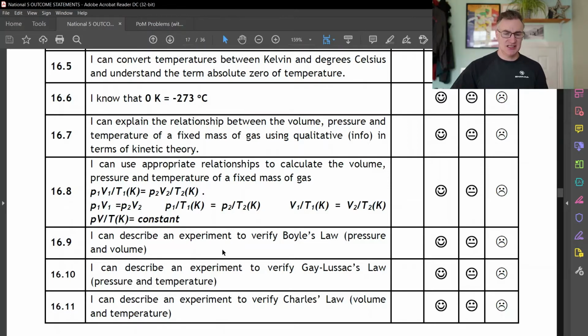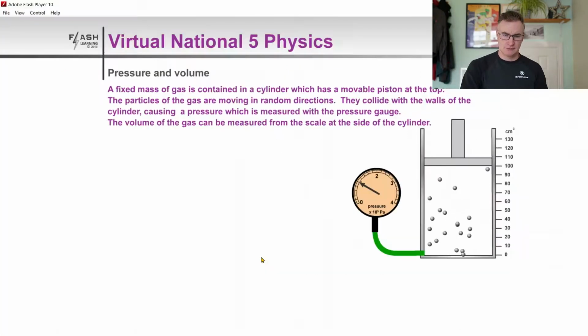In addition to that, we're going to come up with a relationship, and I won't get too much into it here, but it'll be this one here, P1V1 equals P2V2. But as I say, I'm not going to get too much into this just now, because what I want is for you to be able to describe the experiment of Boyle's law.